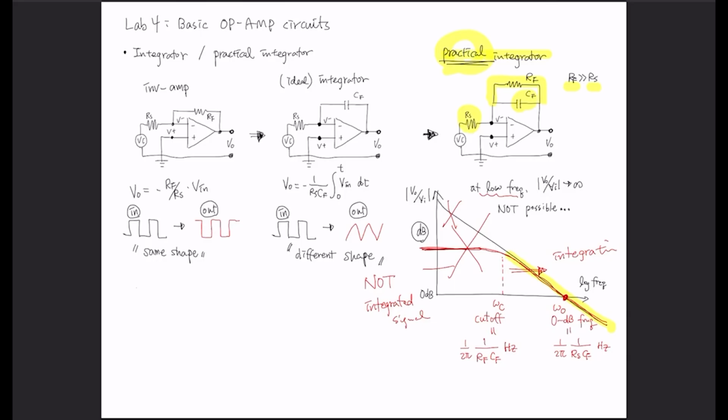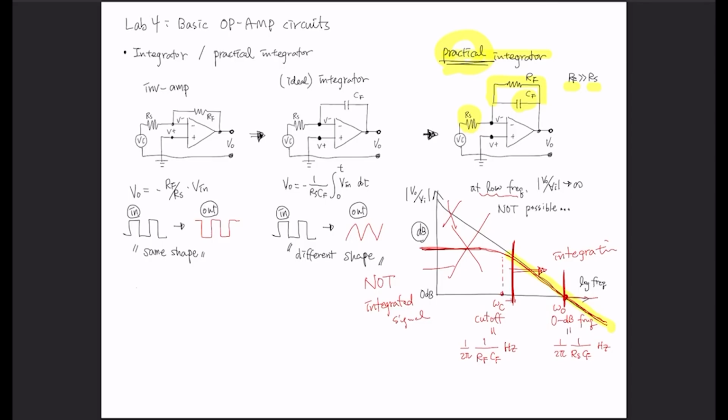To be more specific, we would like to use somewhere between here and there, because below the 0 dB frequency, your output is going to be very, very small. Although it is being integrated, we don't want a very small signal. We would like a signal that has reasonable output amplitude, slightly above this cutoff frequency.